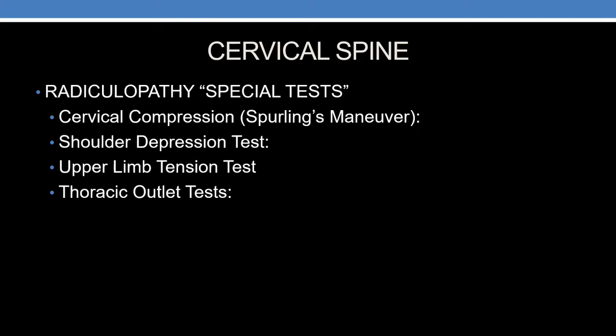But in addition, we have several special tests that we use in the physical exam for radiculopathy, including the cervical compression test, sometimes referred to as Sperling's maneuver, the shoulder depression test, the upper limb tension test, and also several different thoracic outlet tests, all of which are tests for either cervical nerve root irritation, or in the case of the thoracic outlet tests, cervical nerve root irritation and or irritation of more distal structures associated with the brachial plexus.